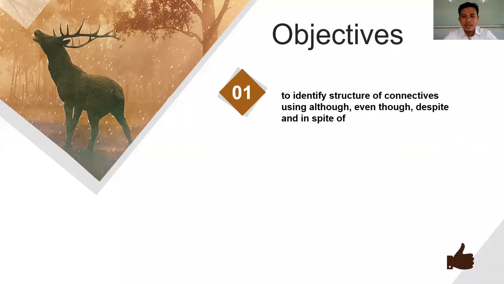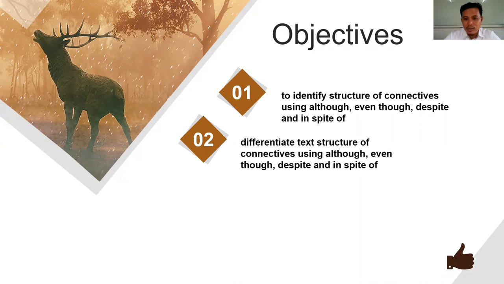So the first is you will be able to identify the structure of connective using although, even though, despite, and in spite of. And then you will be able to differentiate the structure of connective using although, even though, despite, and in spite of. Because there are slightly differences among them, so you have to pay attention in my explanation, and hopefully you will understand at the end of the lesson.